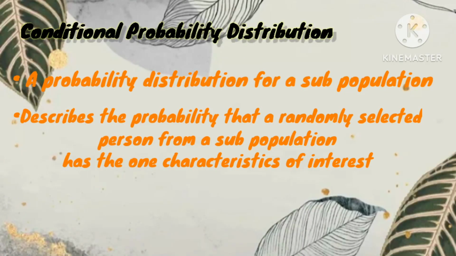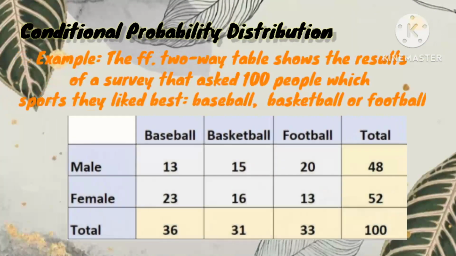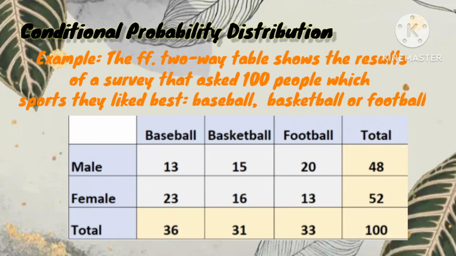Conditional probability distribution. A conditional probability distribution is a probability distribution for a subpopulation. That is, a conditional probability distribution describes the probability that a randomly selected person from a subpopulation has the characteristic of interest. Let's take an example with the use of a table.